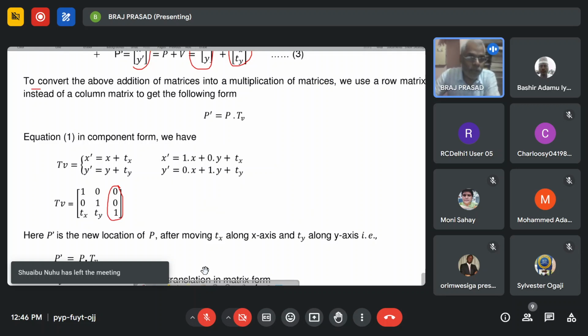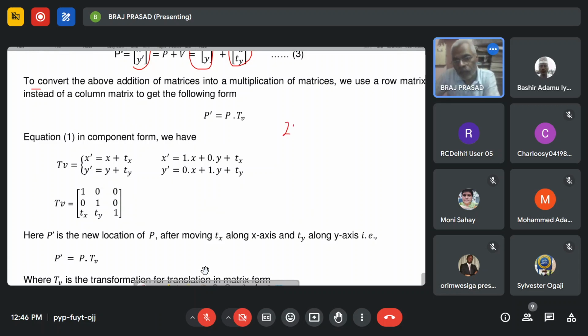So in 2D, the coordinate of P is x and y. This representation is called the Cartesian or Euclidean coordinate system.